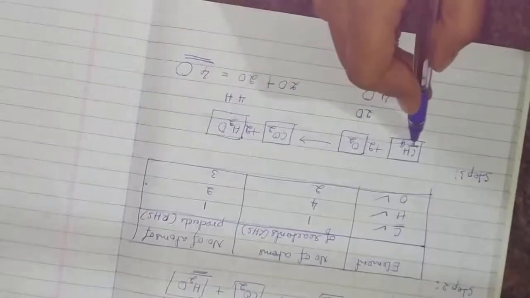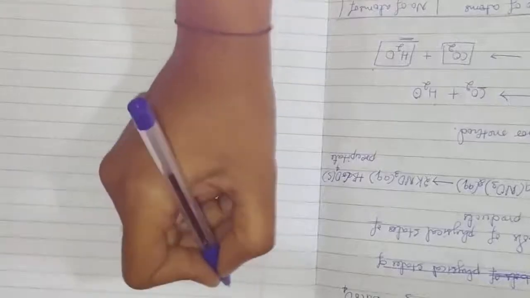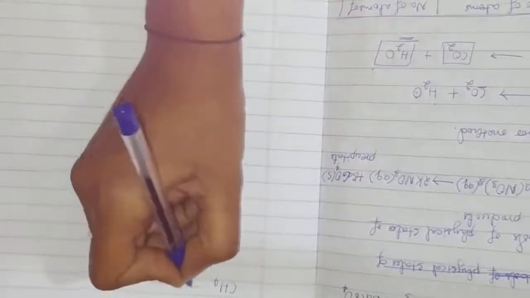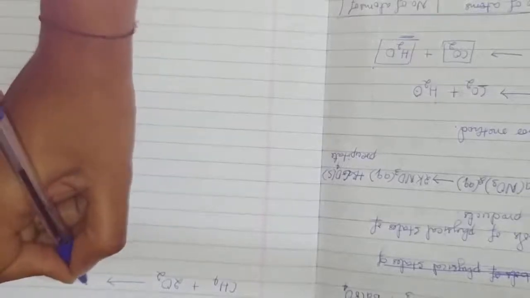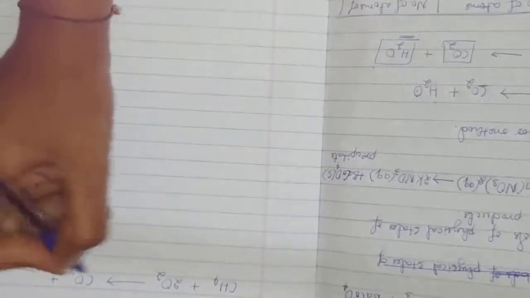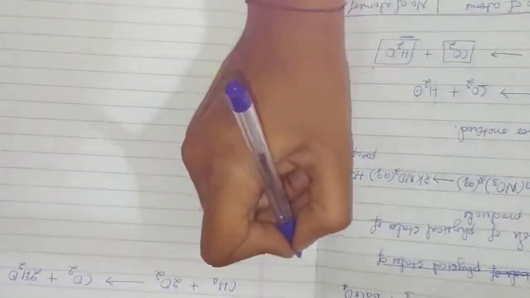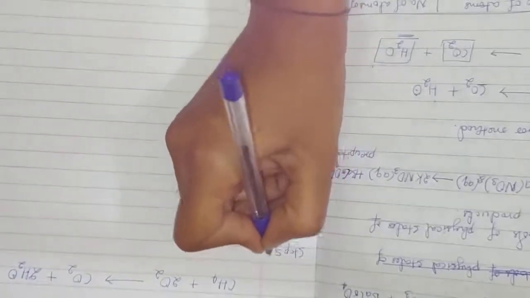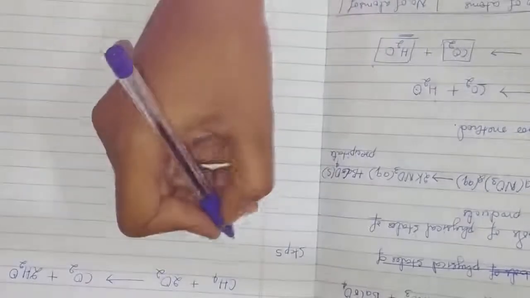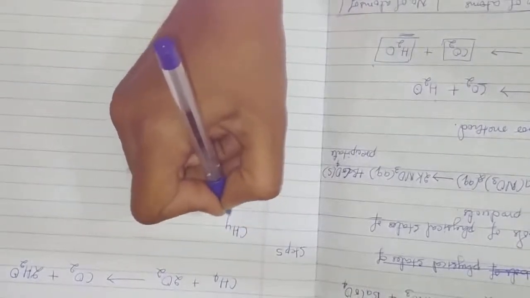So we will write this equation as it is here. Therefore CH4 + 2O2 gives rise to CO2, this is carbon dioxide, + 2H2O.